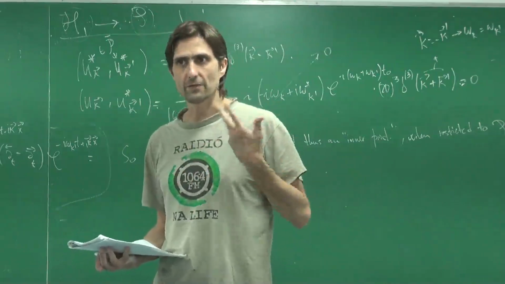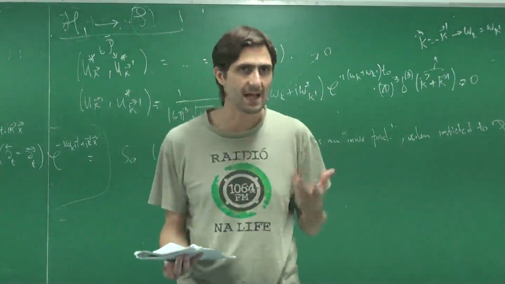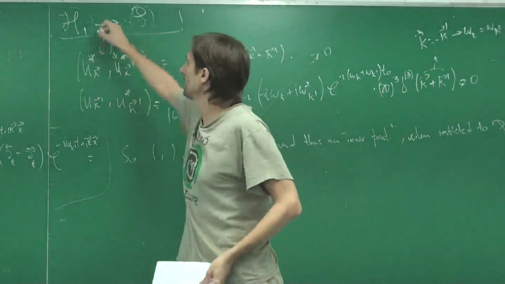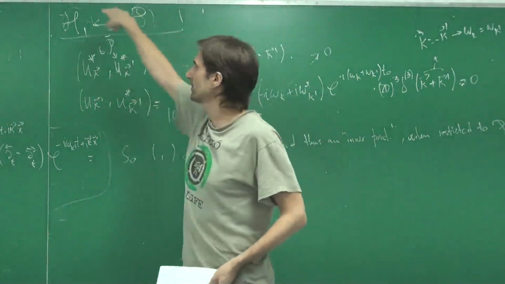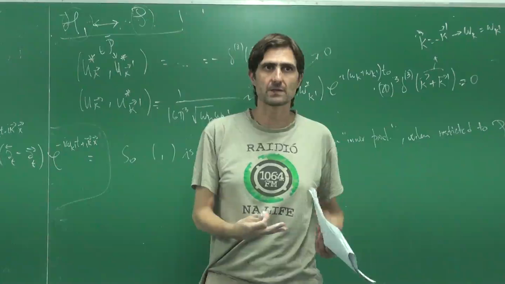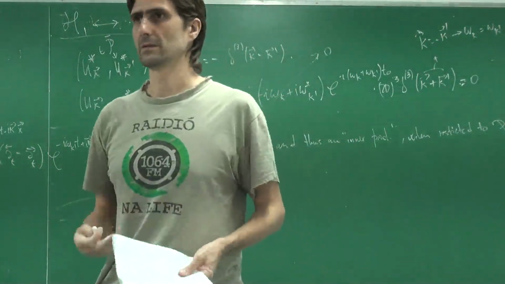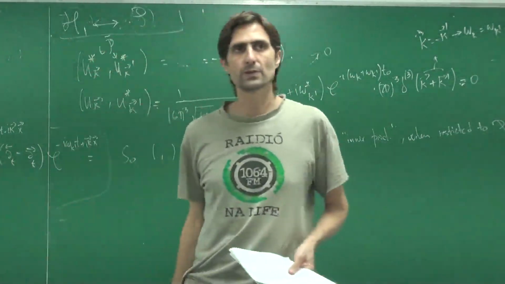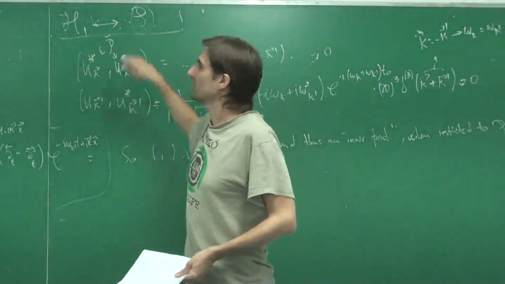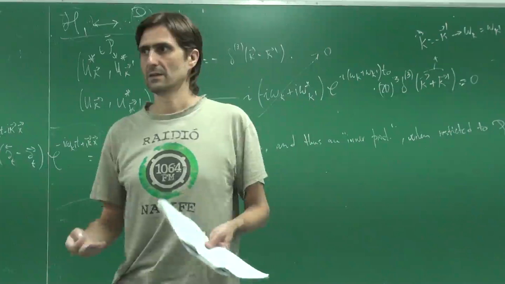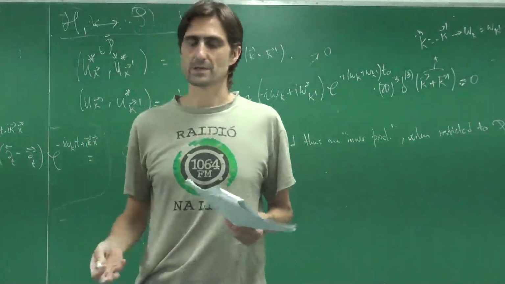When I say it's constructed from positive frequency solutions, well, that's not exactly it. There's a one-to-one mapping between positive frequency solutions and the elements of the Hilbert space. Because of the one-to-one mapping, people use positive frequency solutions indistinctly as elements of the Hilbert space.